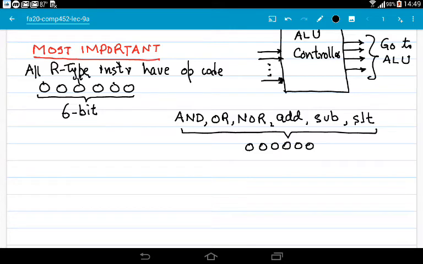All 6 bits will be 0. So how will our ALU controller determine the instruction?